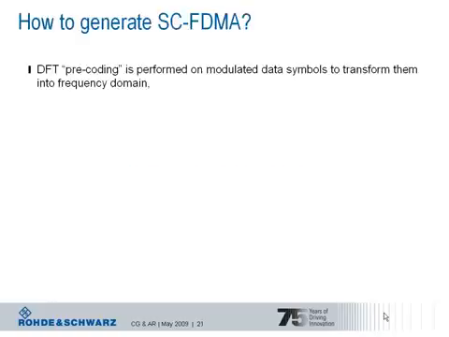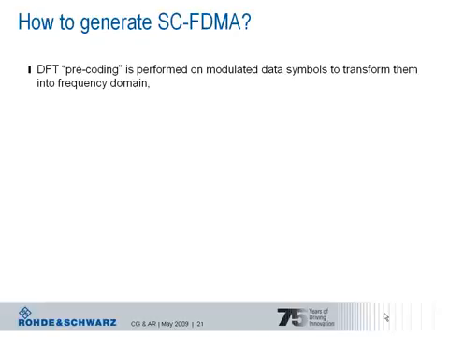Now, how is a single carrier FDMA signal generated from a high-level perspective? First of all, there's another block in the signal processing chain. A discrete Fourier transform is performed on the data symbols after serial parallel conversion, which transfers them from the time into the frequency domain.